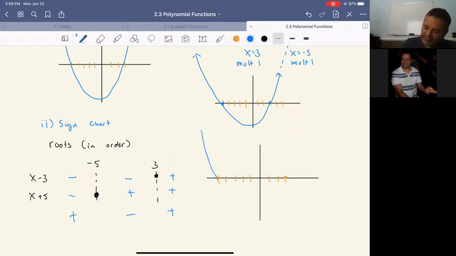Between negative 5 and 3, your graph should be negative. And after 3, your graph should be positive.